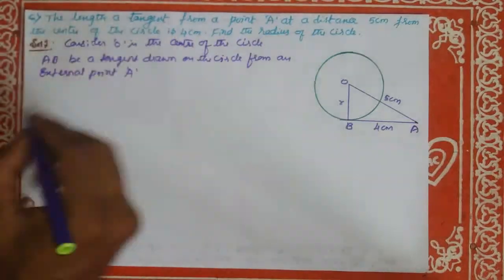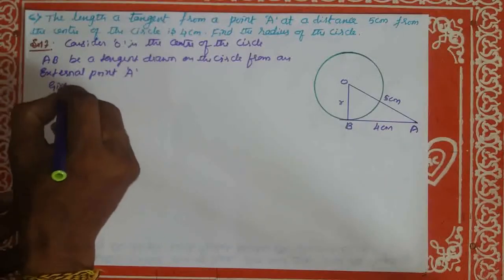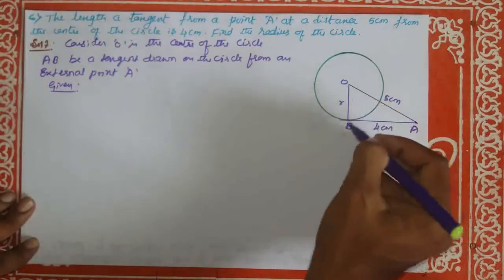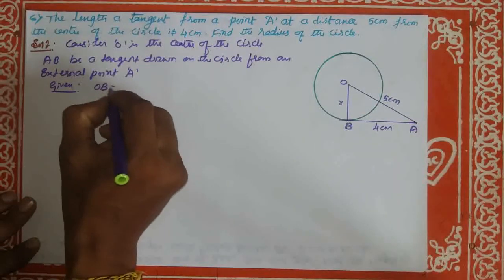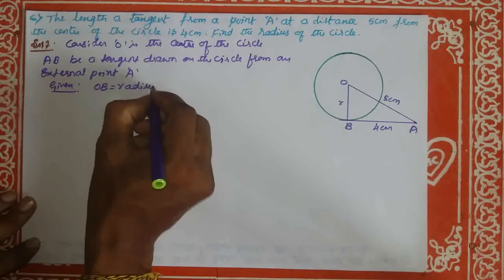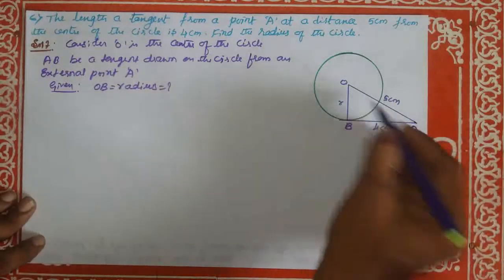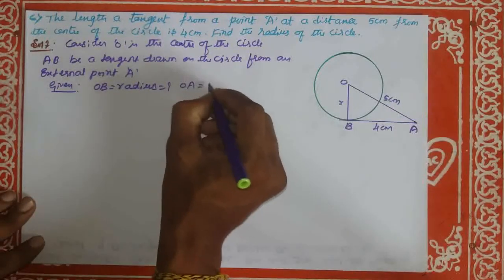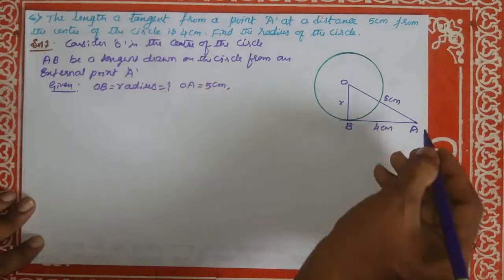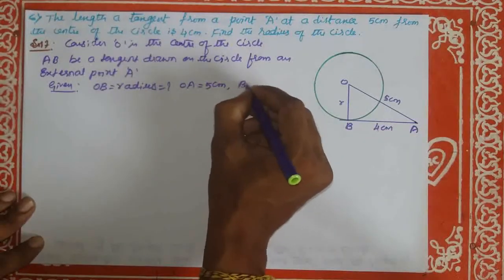Given that, OB is equal to the radius, which we need to find, and OA is equal to 5 centimeters and BA is equal to 4 centimeters.